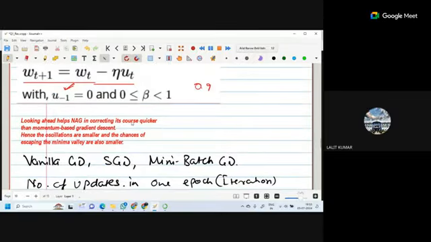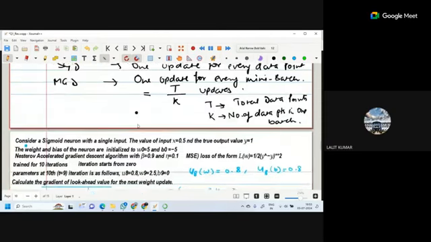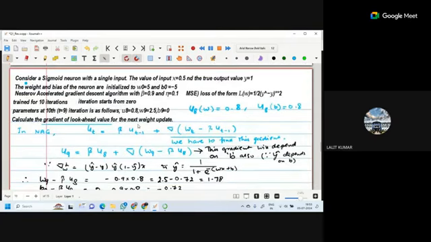Now, shall we do one question based on this NAG before we move to the final part? Yes, okay. So I have taken a question from the graded assignment. The question is: consider a sigmoid neuron. So these are the points where we have to focus.